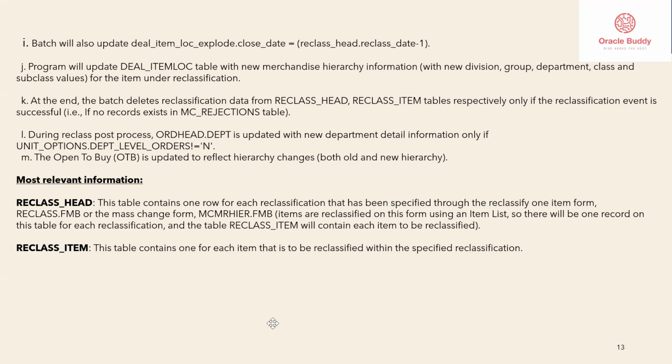Items are reclassified on this form using an item list. So there will be one record on this table for each reclassification, and the reclass item table will contain each item to be reclassified. Reclass item contains one row for each item that is to be reclassified within the specified reclassification.